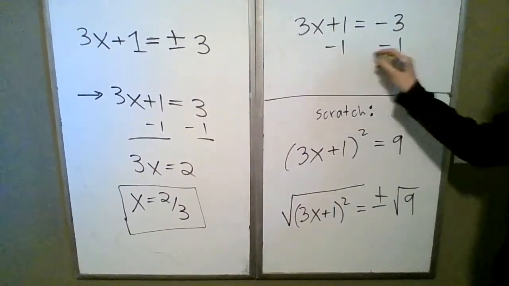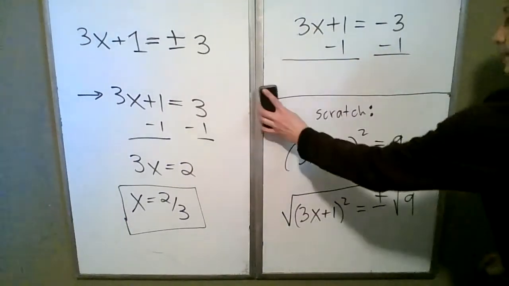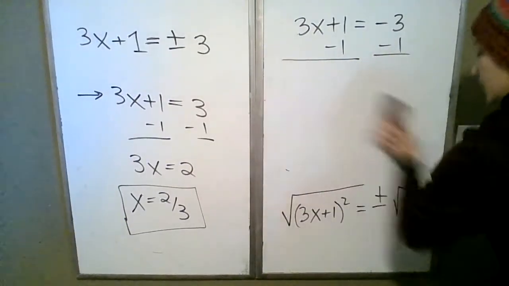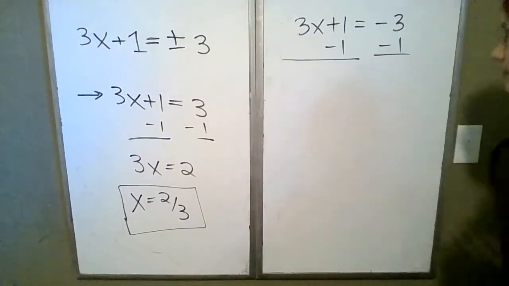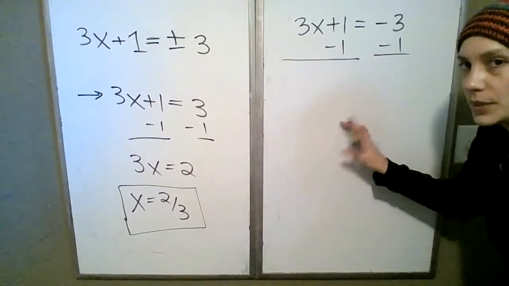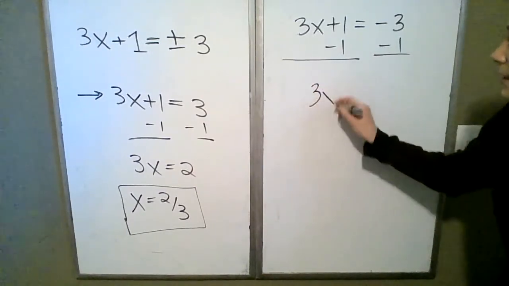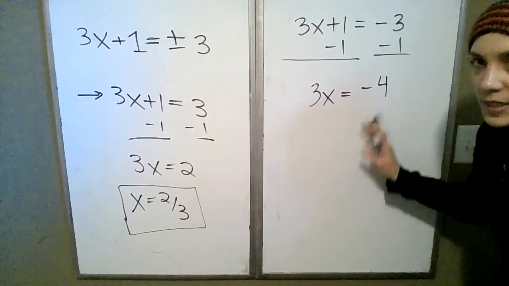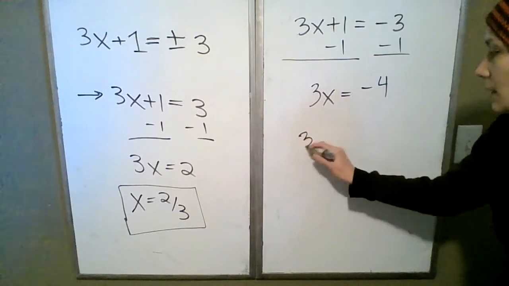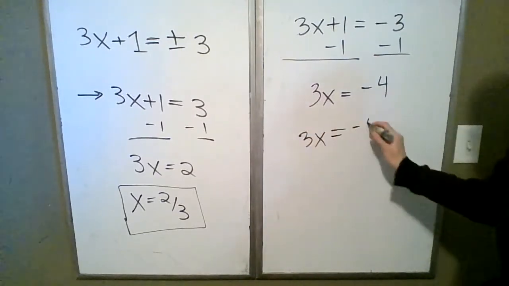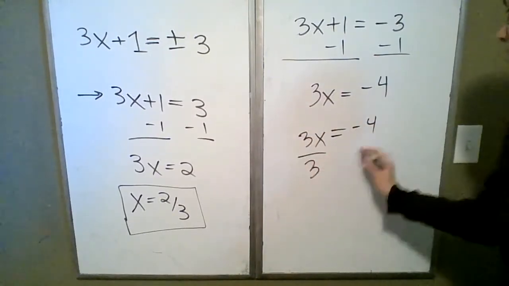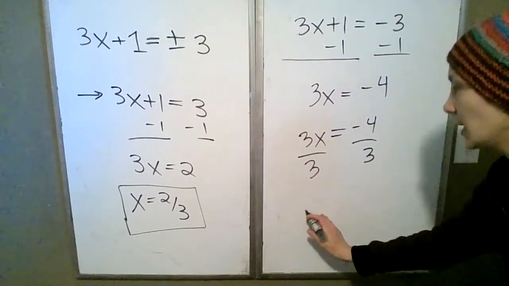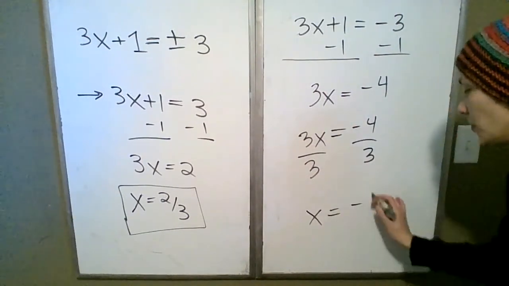Subtract 1. We have 3x equal to negative 4. Divide both sides by 3. Okay, x would be equal to negative 4 over 3.